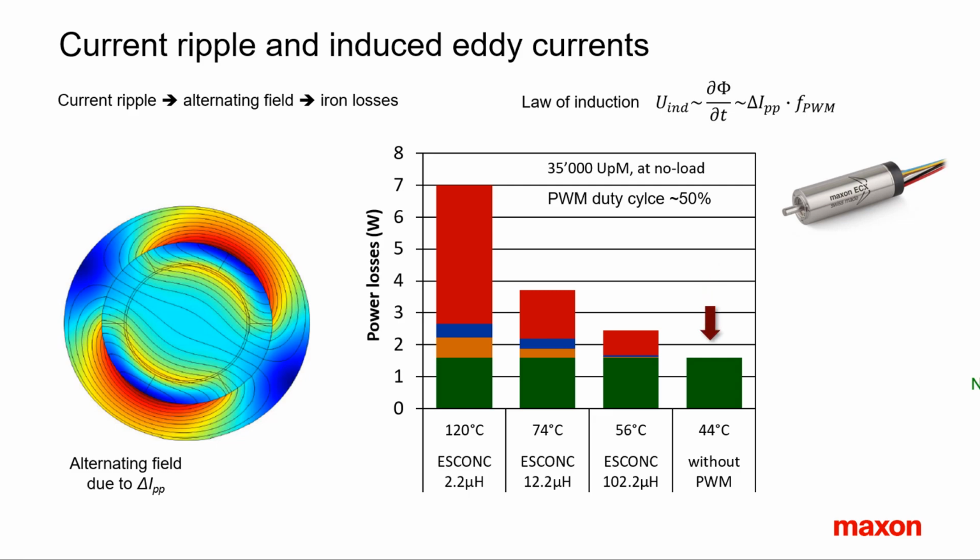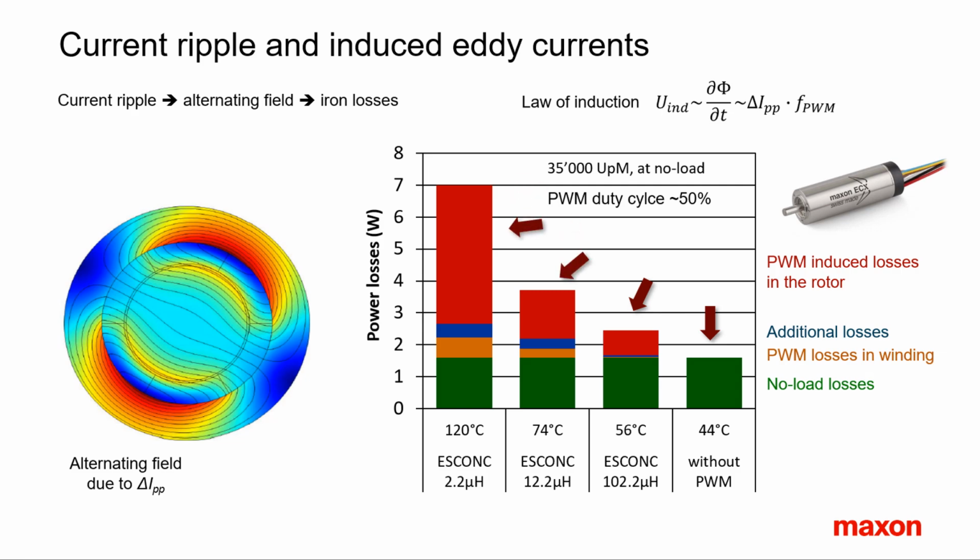On the right, the diagram is without PWM. Only a moderate temperature increase due to the classic iron losses stemming from the rotating magnet. With PWM frequency of 54 kHz and a large additional inductance of 100 microhenry, an additional temperature increase of about 12 degrees results due to the additional losses.